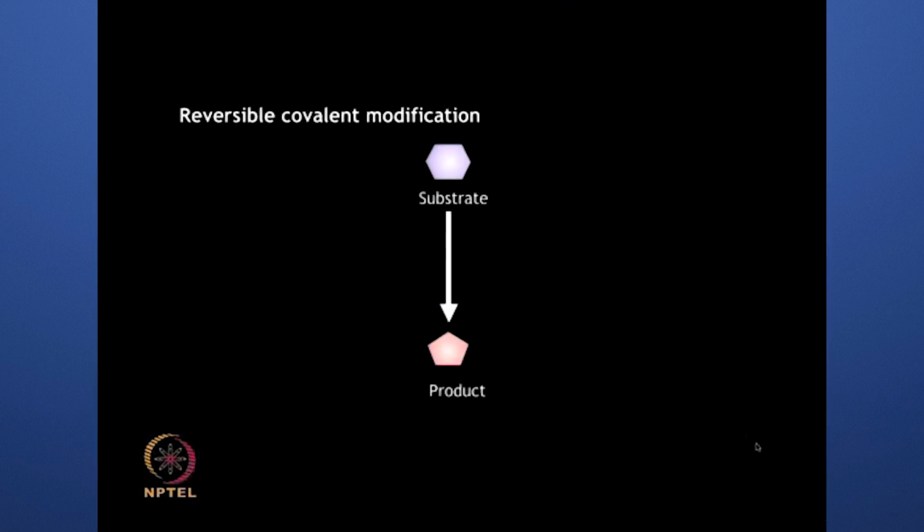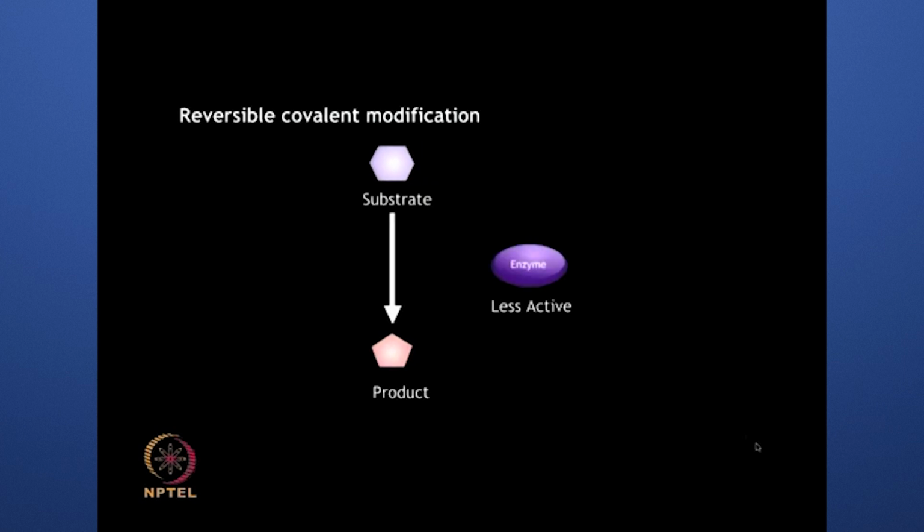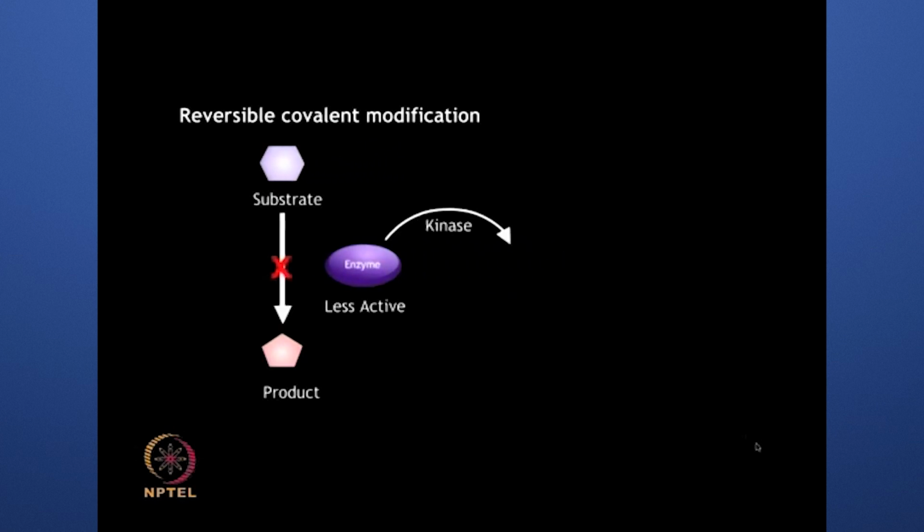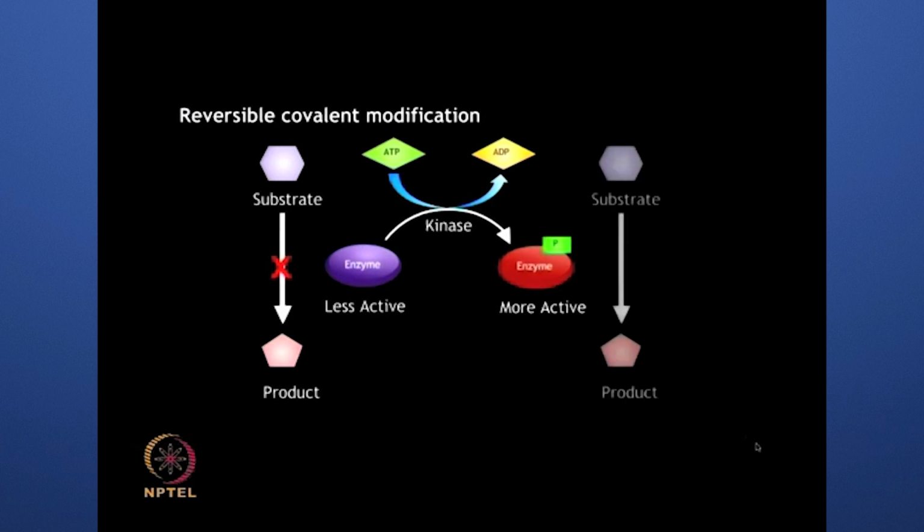Reversible covalent modification is another commonly employed enzyme regulatory strategy. The most widely observed modification is phosphorylation, which is carried out by various enzymes called kinases with the help of ATP as a phosphoryl donor. Some enzymes are more active in their phosphorylated forms, while others are less active in this form.